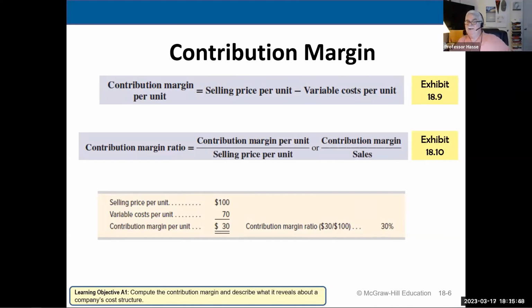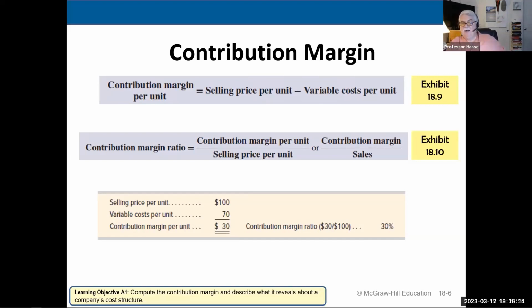Their variable costs are $70 a unit. That means their contribution margin is $30. $30 is what percent of the selling price? 30%. Their contribution margin in dollars is 30. Their contribution margin in a percent or ratio is 30%.